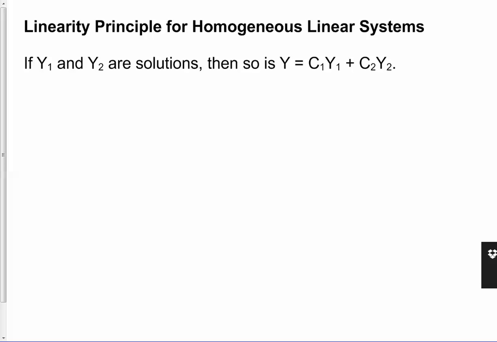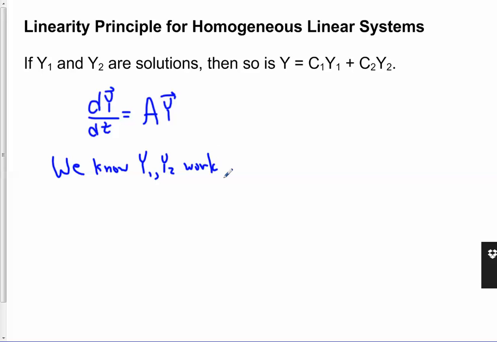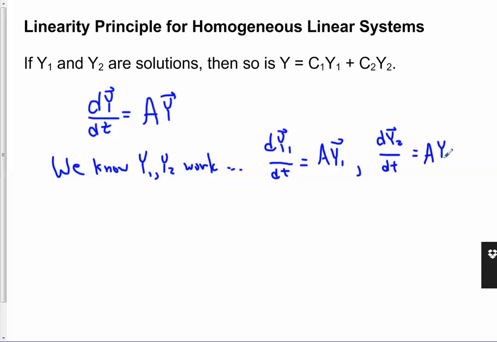The reason this works, and this is best shown using the matrix notation, is this. If we have our linear homogeneous differential equation system, dy/dt = Ay, and we know that y1 and y2 work, so we know that dy1/dt does equal Ay1, and dy2/dt does equal Ay2.